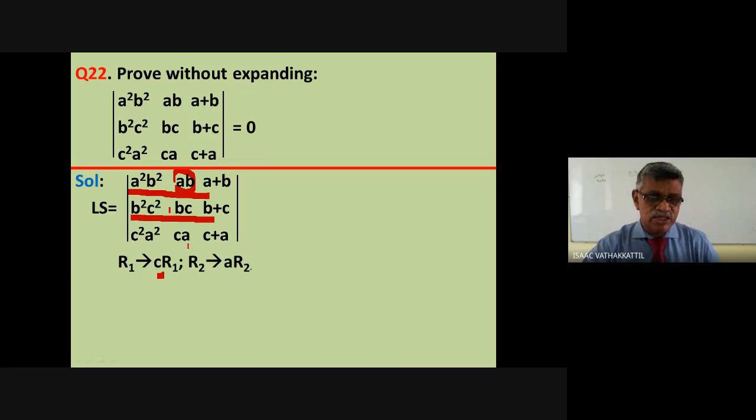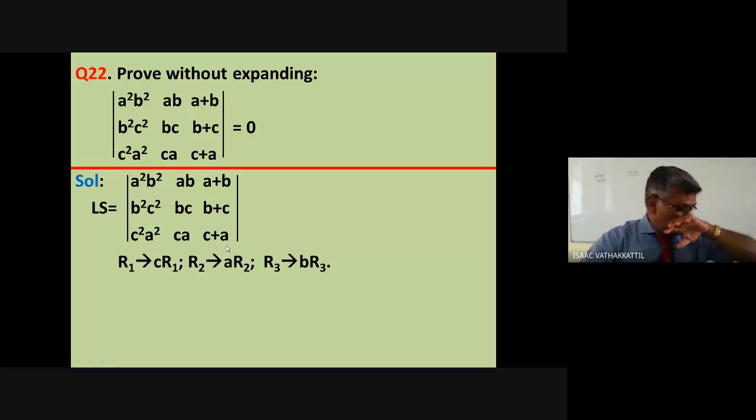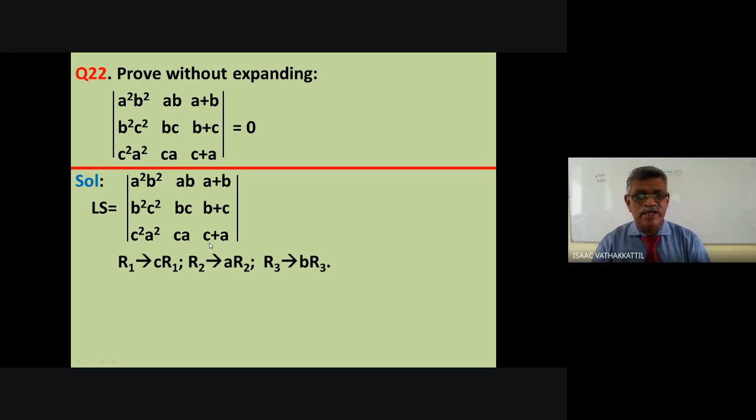When I multiply the third row with B, I get ABC. So first row I multiply with C, second row I multiply with A, third row I multiply with B. But one row multiplying with A, the whole determinant is multiplied. So how to compensate to keep the equality?